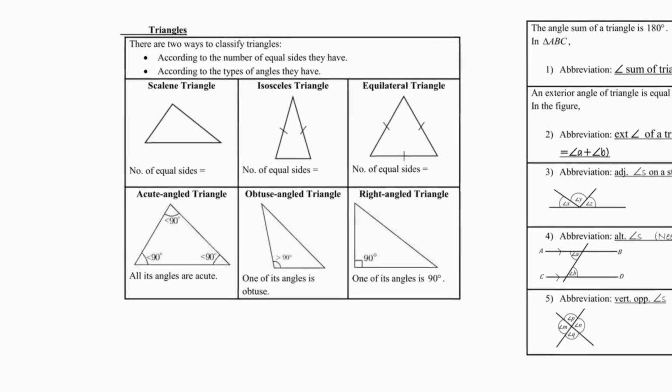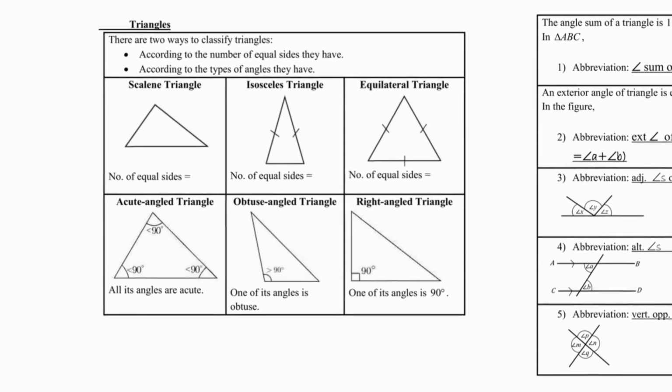Okay, so let me zoom into the triangles first. There are many types of triangle, and we could actually classify them according to the number of sides, I mean number of equal sides, or the types of angle.